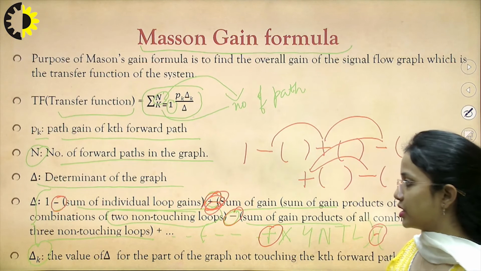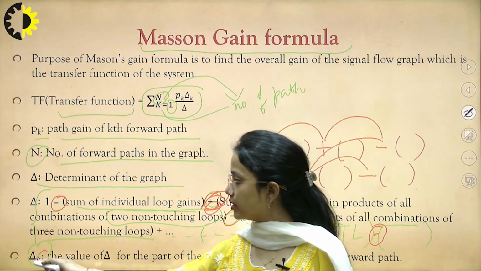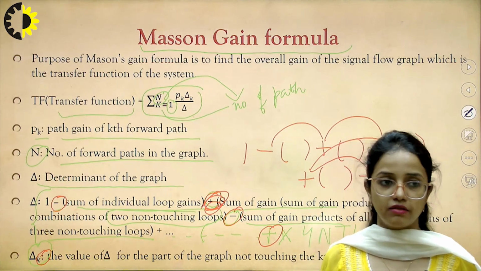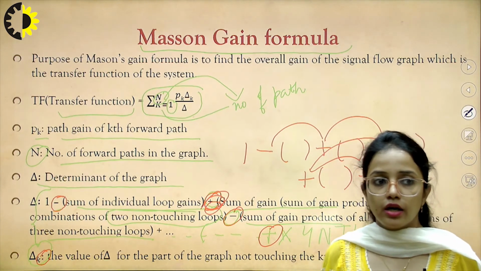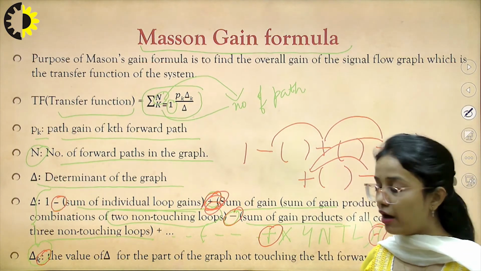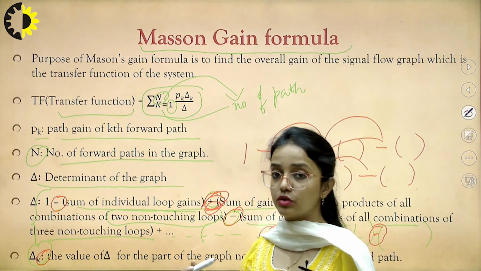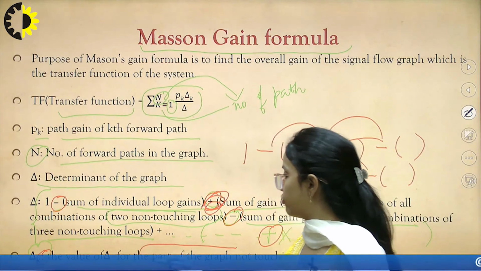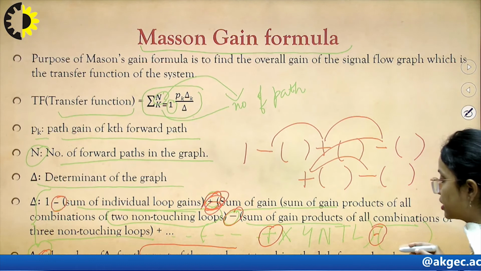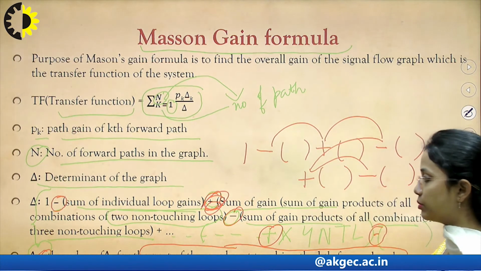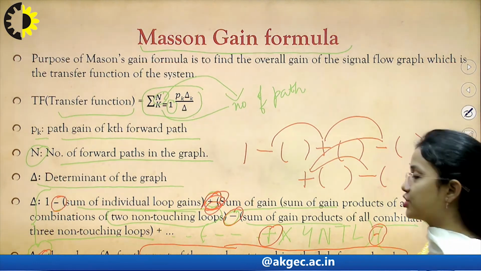And then the del k, where k is exclusively for the kth path. The value of del k will be the same del value, but we have not to consider all those loops which are touching the kth forward path. So it is the value for the part of the graph that is not touching the kth path.